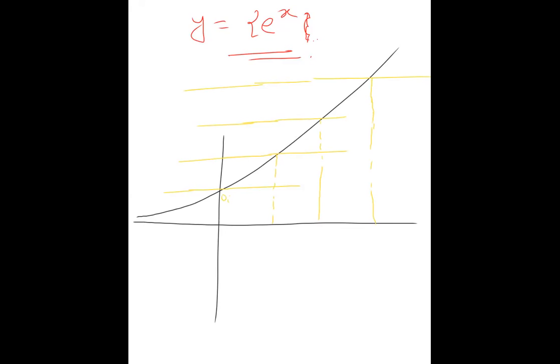So y is equal to 1. This is 2, 3, 4. At 2, this is ln2. This is ln3, ln4, and so on.